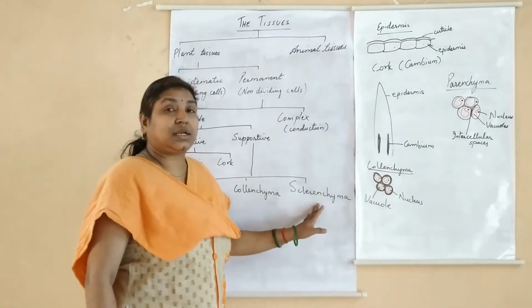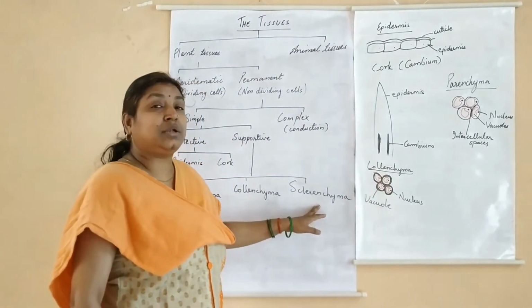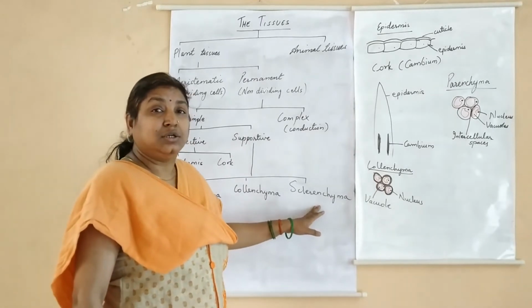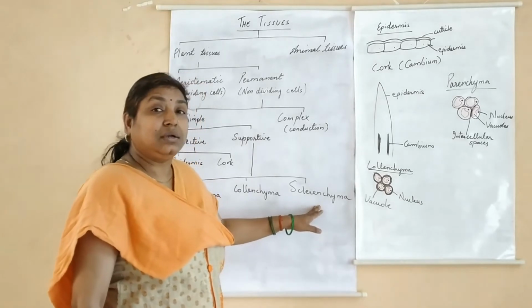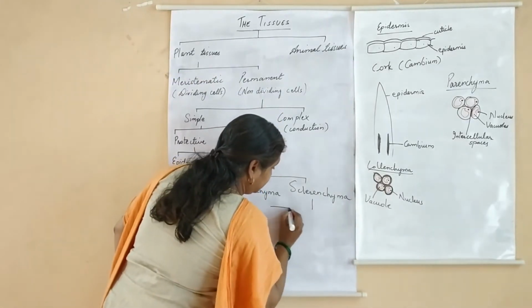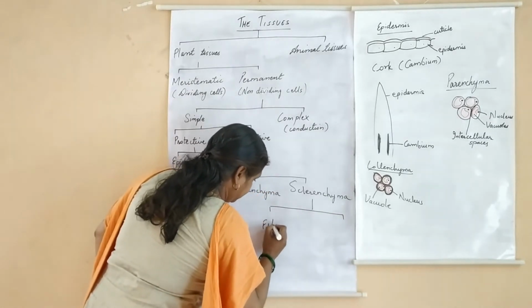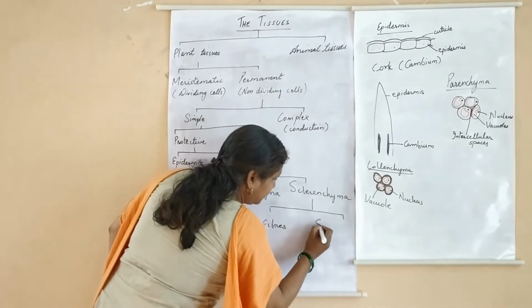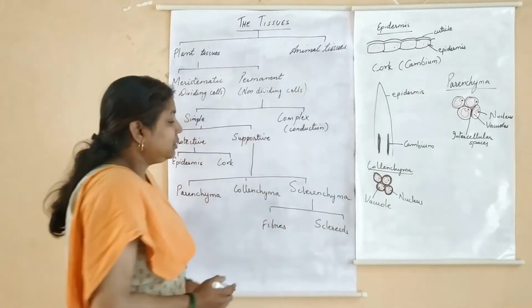Last is your sclerenchyma. They are made up of dead cells. So no protoplasm is present, no nucleus is present, and they are of two types: fibers and scleres.